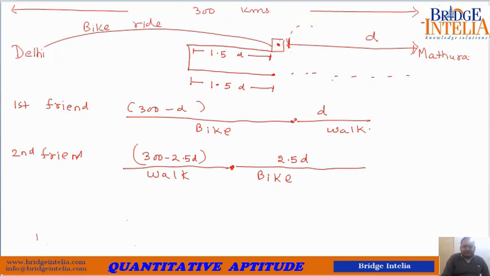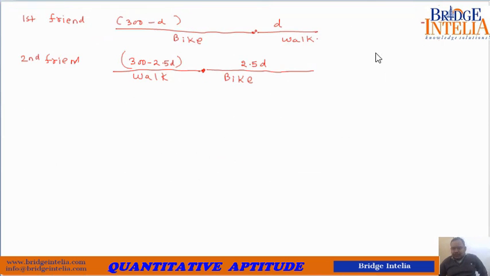Let's see. When you are traveling on a bike, your speed is 60 kilometers per hour, whereas when you are walking, your speed is 15 kilometers per hour.